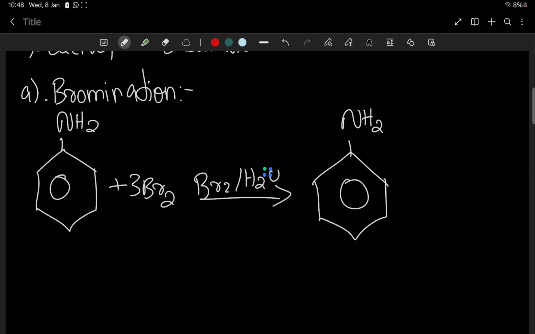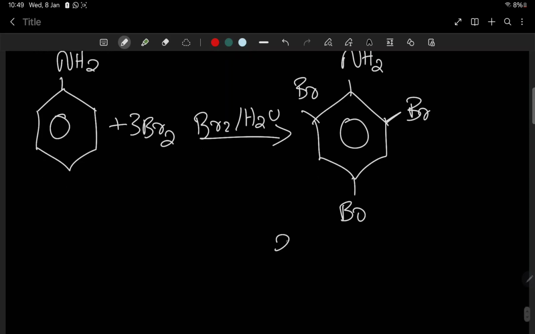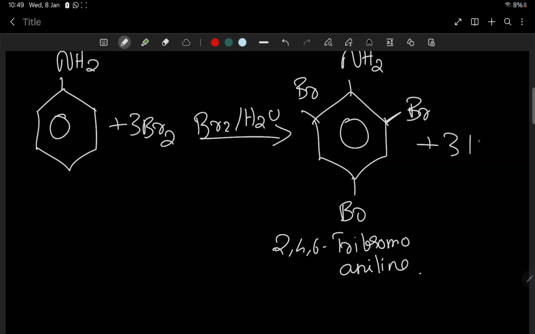Only at the ortho or only at the para position it joined. Here it is vigorously joining all 3 positions. This is called 2,4,6-tribromoaniline. This compound is formed, plus 3 HBr as the byproduct.